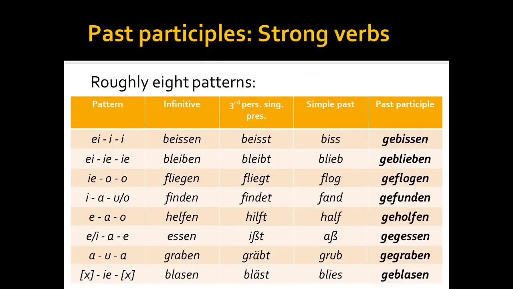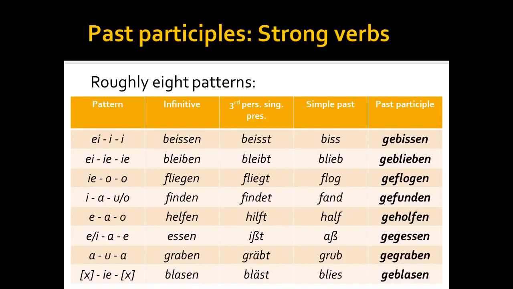Now, strong verbs also have a ge prefix, but they lack the t or et suffix or ending. You'll also notice that the vowel in the verb stem usually changes. So, for instance, the verb beißen changes from an ei to an i.